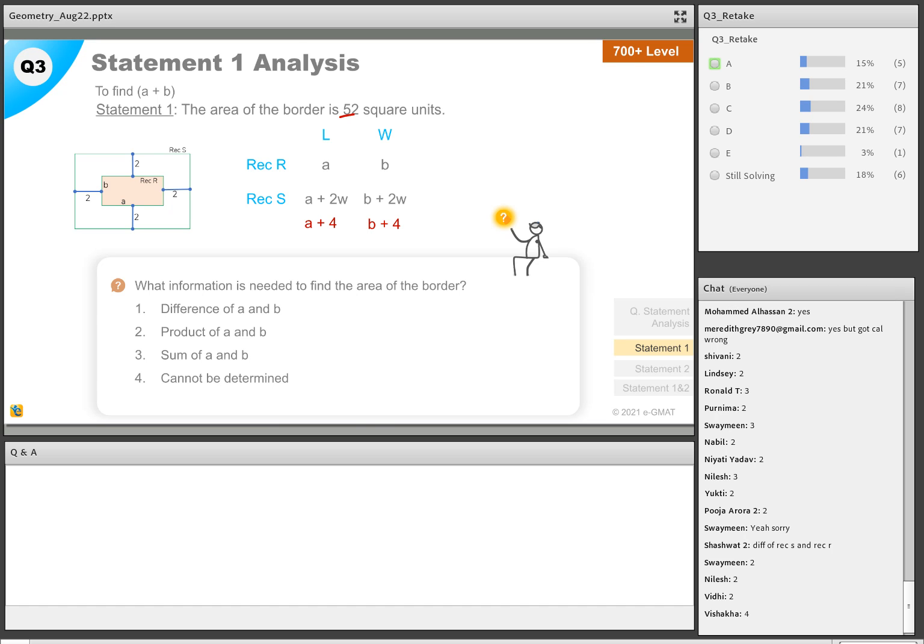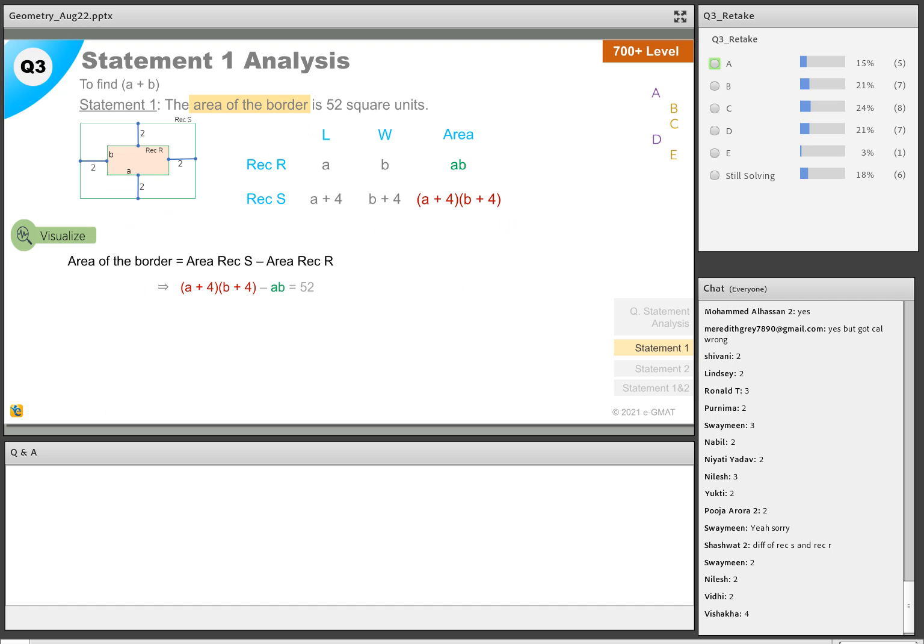Okay, will that help? Let's see. The area of the border is equal to 52 square units. We have to visualize. The area of the border, as we have talked about, is the entire rectangle's area, by that I mean rectangle S's area, minus the small rectangle's area, that is rectangle R. According to the question, that would be equal to (A plus 4) times (B plus 4) minus AB.